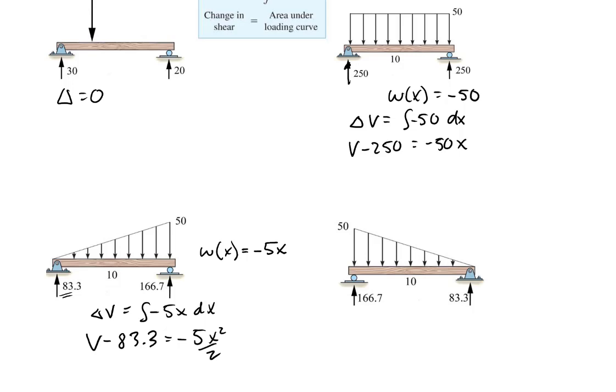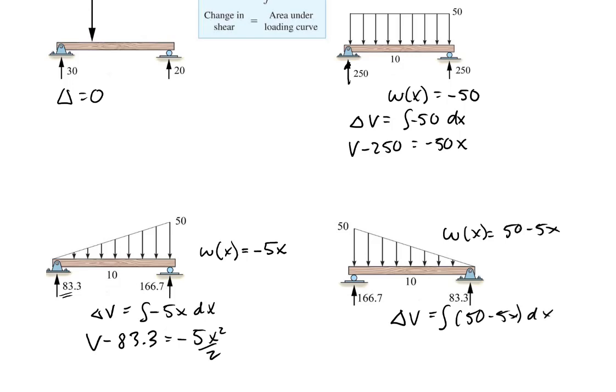Okay, and then the last one here. Again, they have the same slope. It is negative 5, but it starts with 50. So in this case, the load as a function of x is equal to 50 minus 5x. And so the change in shear is equal to the integral of 50 minus 5x dx.